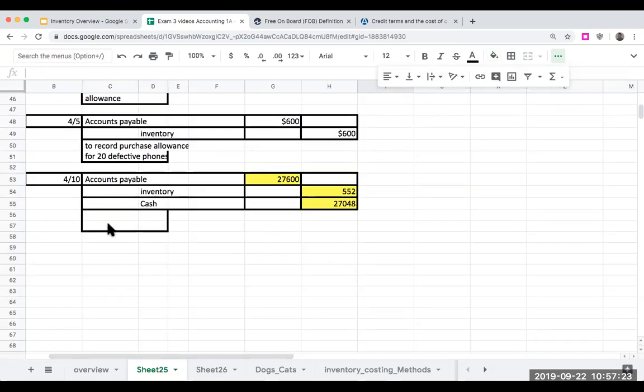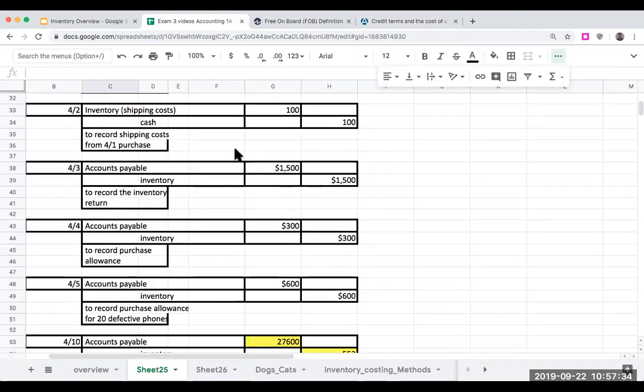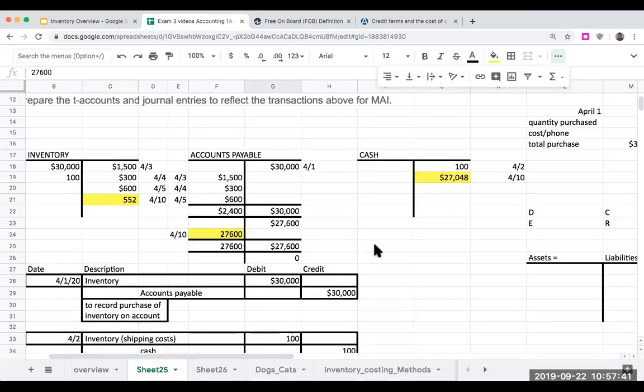So the ending carrying value. So again, this is how I'm going through and doing my journal entry, right? This is why it's so important that you know how to do both the journal entry and the T accounts, because we have to make sure we're balancing these. Our total debits have to equal our total credits.